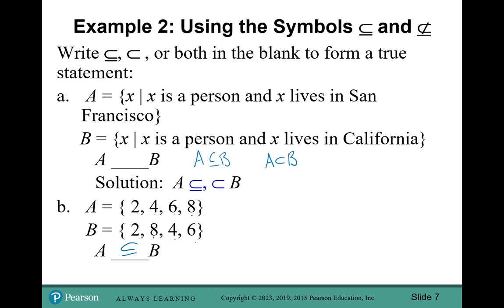No. Because A and B are essentially the same thing, the only difference here is order. And remember, order does not matter in sets. Because they're the same set, you cannot say that they're proper subsets. So the only solution here is that A is a subset of B, but A is not a proper subset of B.